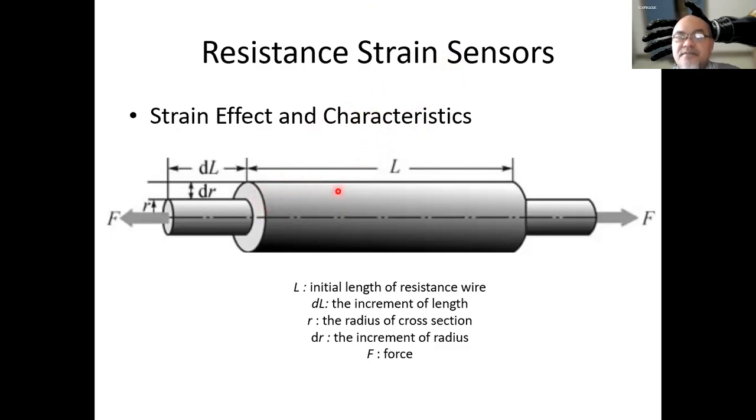For example, as you know from the biomaterials course, if this conductive material initially has a length L, when a force is applied at its two axial ends, at the top and the bottom, it will exert a force F, and the force F divided by the cross-sectional area A becomes the stress, sigma.